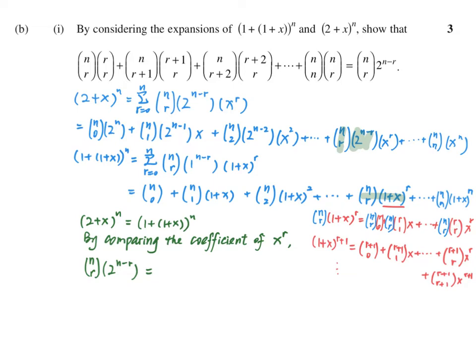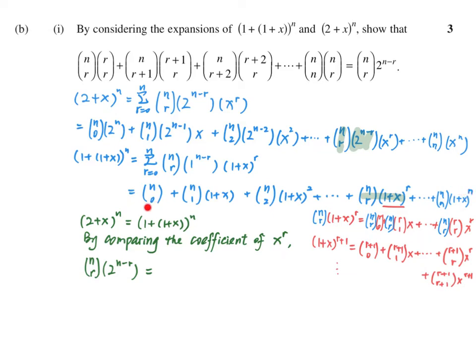Let's take a close look at the expansion of this (1 plus (1 plus x)) to the power n. The power of (1 plus x) goes from 0, power 1, power 2, power 3, 4, 5, and then power r plus 1, power r plus 2, all the way up to power n.